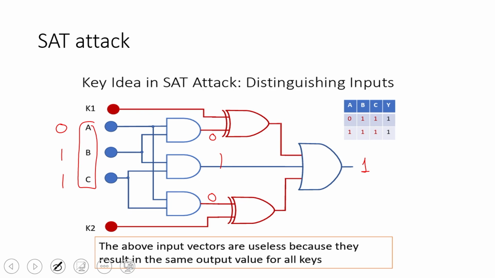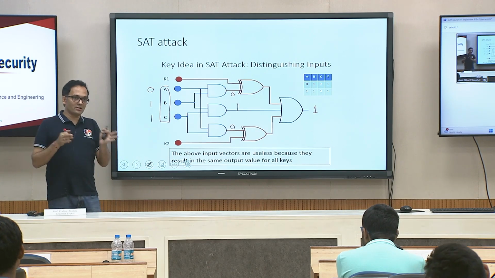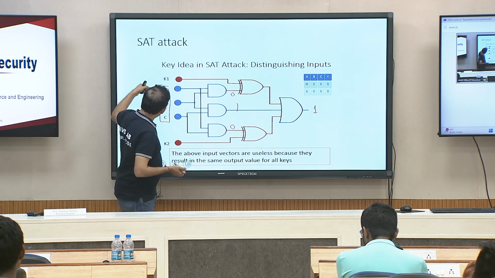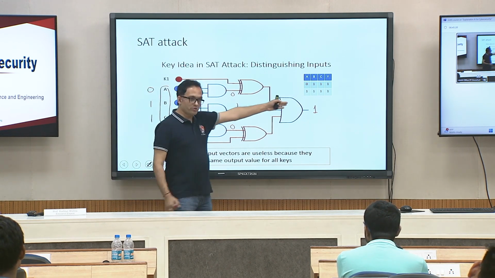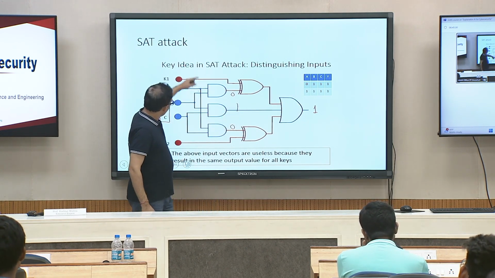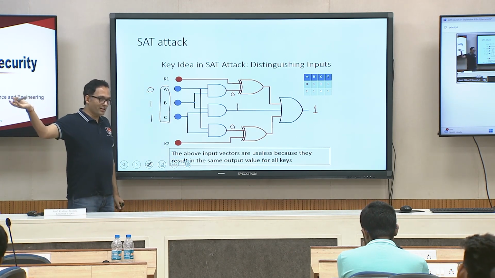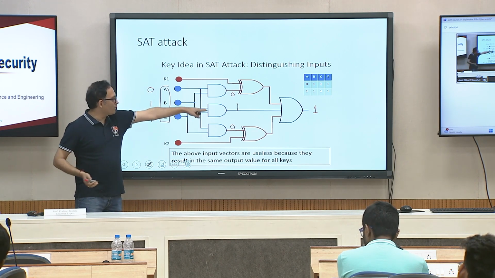So, what the attacker found is that this kind of input is useless, because it is not distinguishing the keys, whether the key is correct or incorrect. For 0 1 1, your output will always be 1, immaterial of the value of K1 and K2, and that will correspond to the correct output also, because this is an OR gate, and one of the inputs is 1.